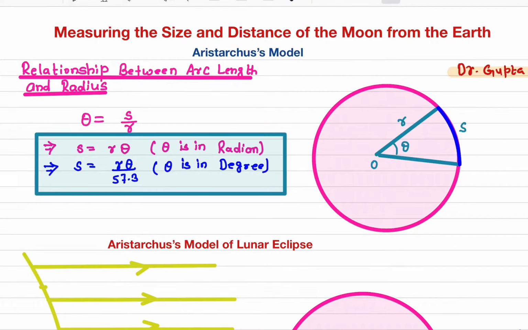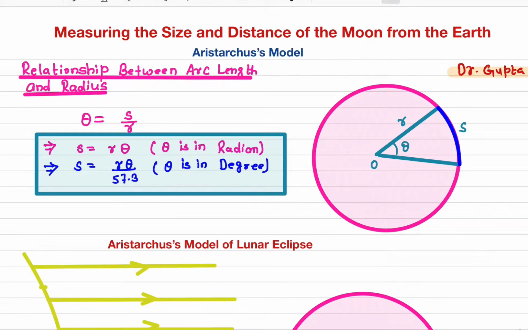Then there is a relation between this radius, this angle theta, and this arc length, and this is given by theta equals s over r, where s is the arc length and r is the radius. So from this equation I can also write down s equals r theta.